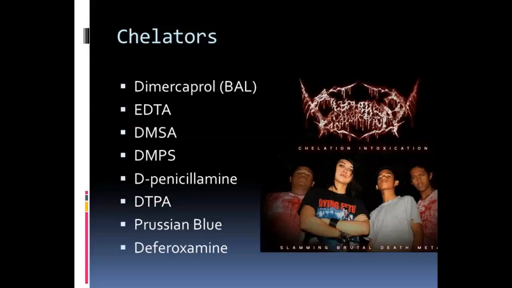But what we will be talking about today is the following, and you see that there are a lot of chelators here. There are a lot of confusing names that look very similar to each other. There's a lot of acronyms. So what I will try to do is go through each one and give you the take-home points, what they're used for, what the specific toxicity is, and how they're used.